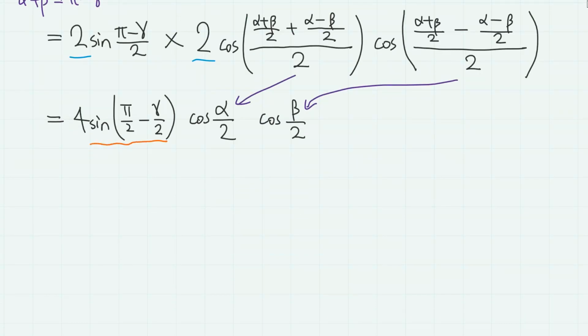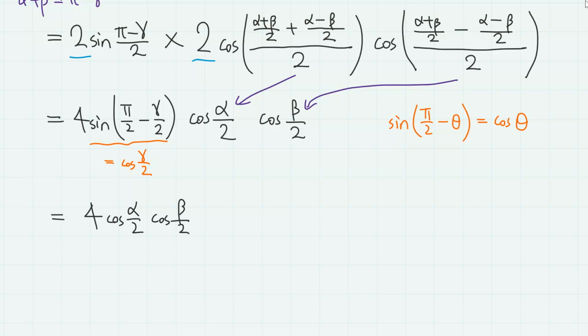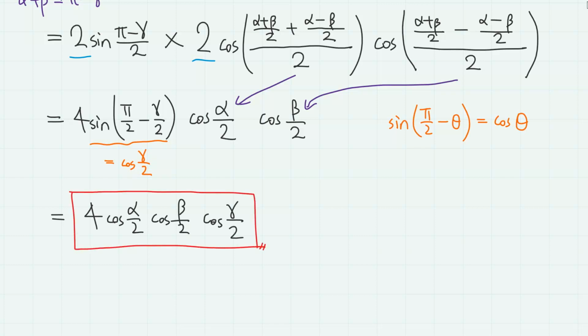Here, using the relation between sine and cosine, this part becomes cosine gamma over 2. So in the end, we have 4 cosine alpha over 2, cosine beta over 2, cosine gamma over 2. So that was the first problem.